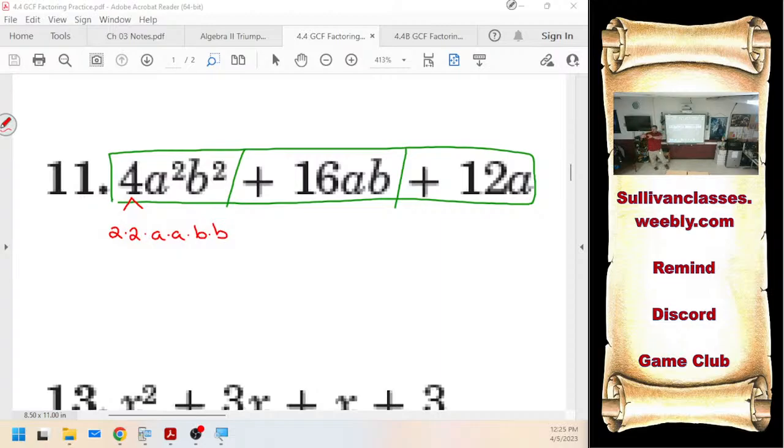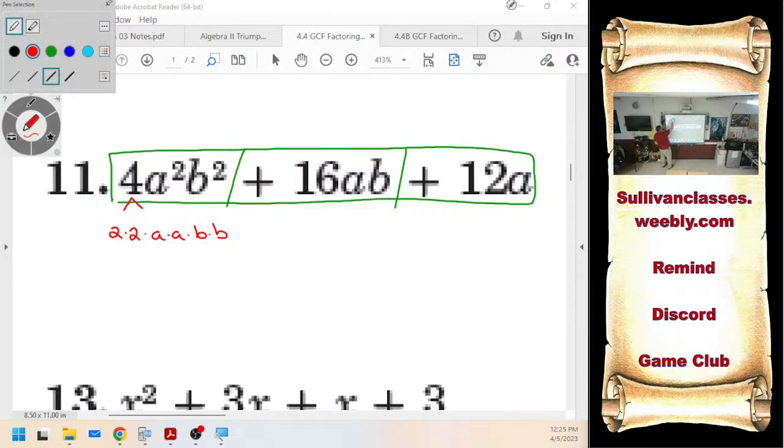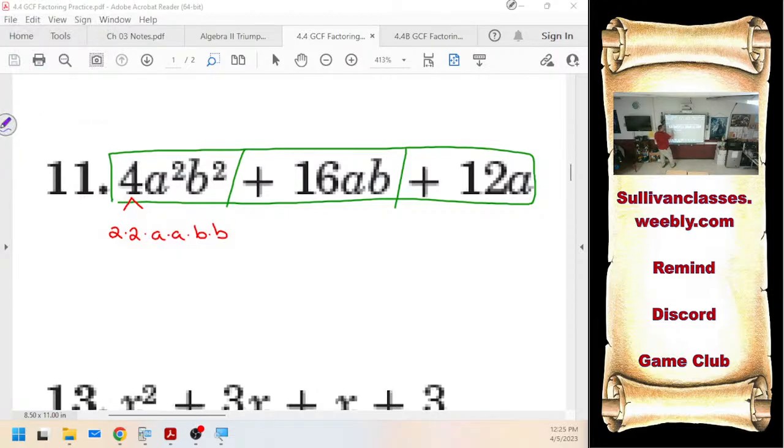Y'all tell me, does it make more sense to have them stacked vertically or write them all out horizontally? Okay. I heard a very tired horizontal. What about 16? Okay. 4 and 4, 2 and 2, 2 and 2.